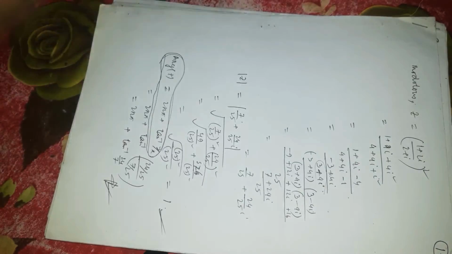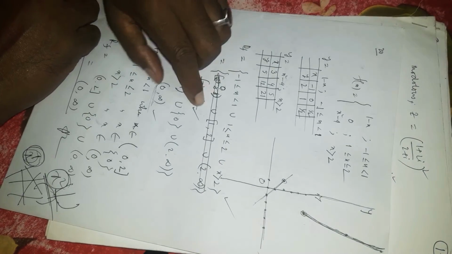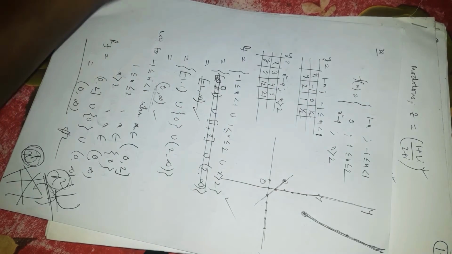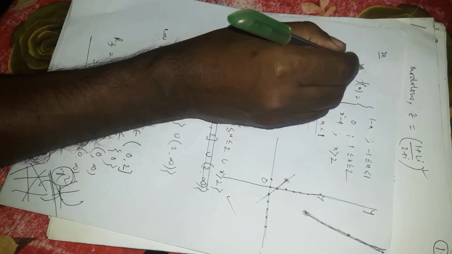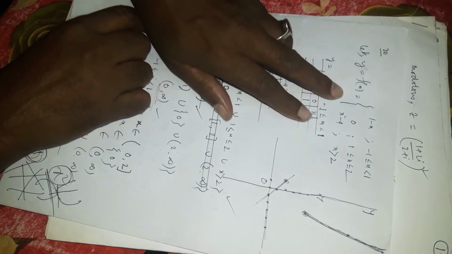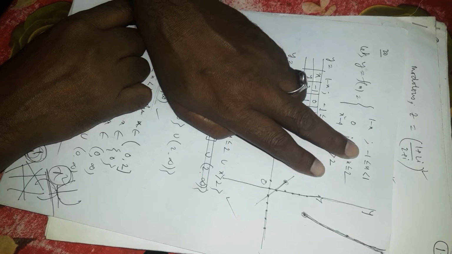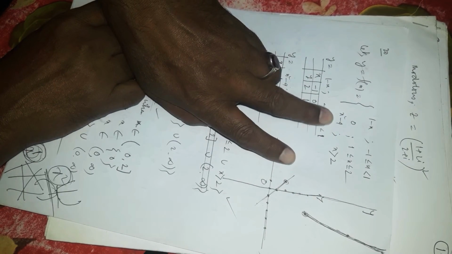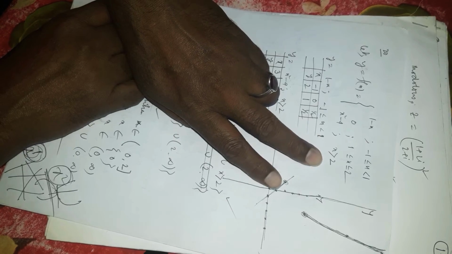Same as number 20. It is the easiest system. Let y equal to f of x equal to 1 minus x for x from minus 1 to plus 1, 0 for 1 to 2, and x square minus 4 for x greater than 0.